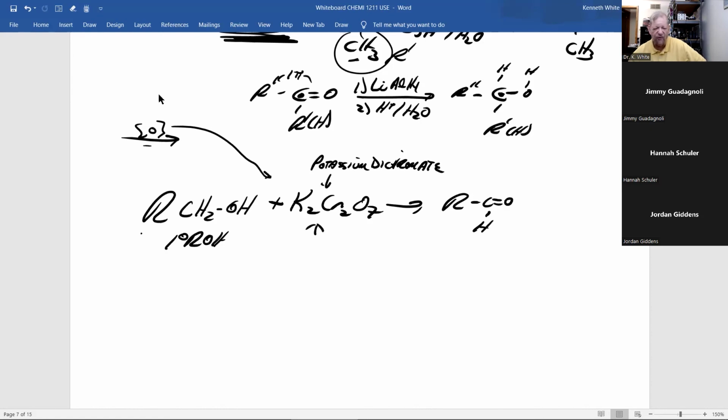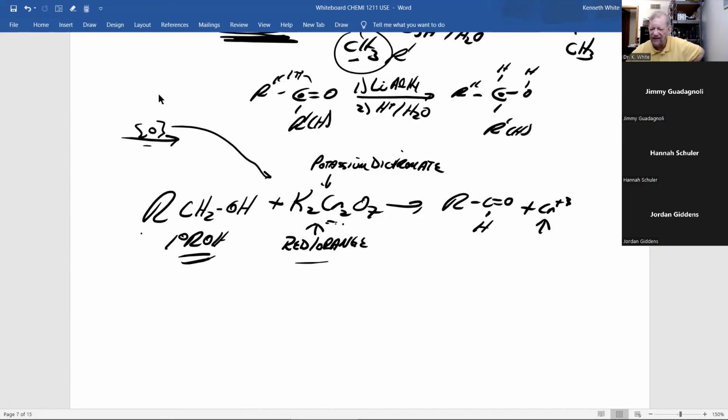Now, this is a reddish orange color, depending on the concentration. Dr. Daly makes this solution. When this gets oxidized, the dichromate gets reduced to a chromium +3 species. I'm not going to write it out.